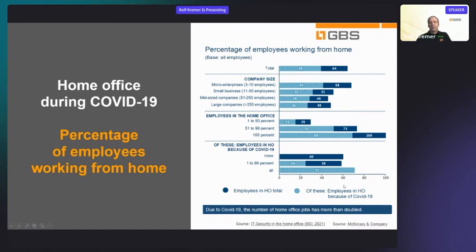But as mentioned in another study from McKinsey, the remote work situation in Germany and in the North American region are very similar. So this first slide shows an overview of the increase in home office work during the COVID-19 period. And as you can see, the number of home office jobs has more than doubled during the COVID-19 period.